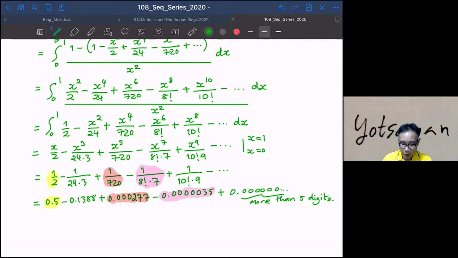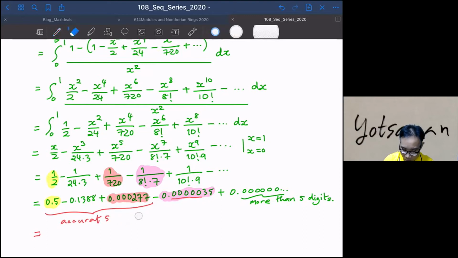So this one is already 5-digit. Okay, so we can stop here and you just sum these 3 guys up. So this one will give you accurate 5 decimal places.